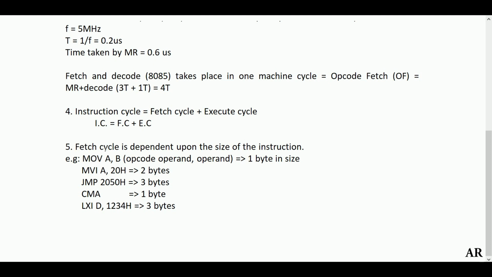So the general method which you should follow for determining the instruction size is to proceed from right to left. When you proceed from right to left, start counting the number of bytes which get used up. If you encounter any data like this 1234, here you have 16 bits of data, that means 2 bytes minimum, and along with that you see this will be LXI D, so this will also need 1 byte for storage.